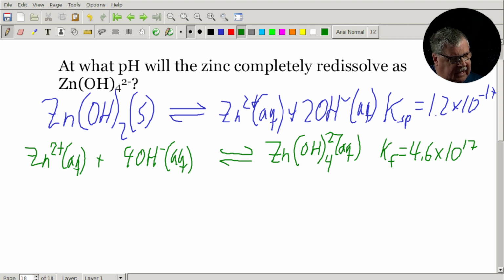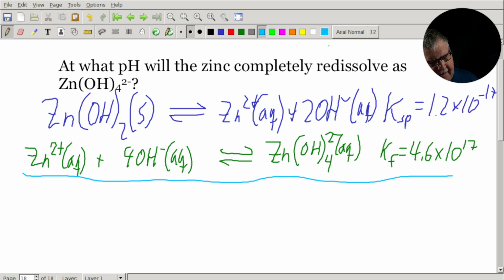And so, again, we can combine these two equilibria. We have 4 moles of OH minus in the reactants and 2 in the product, so we can get rid of 2 of them. And we also have 1 mole of zinc ion in each.